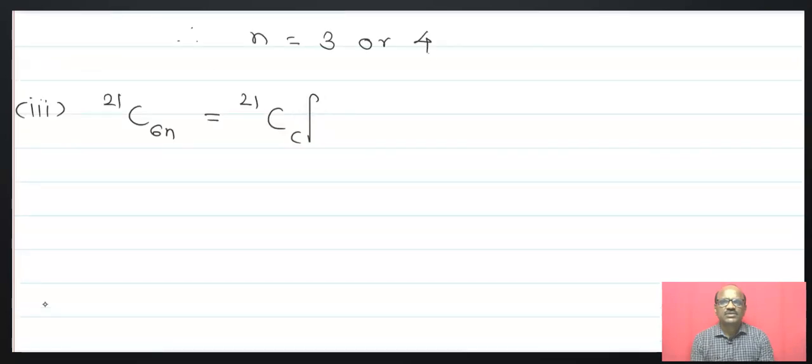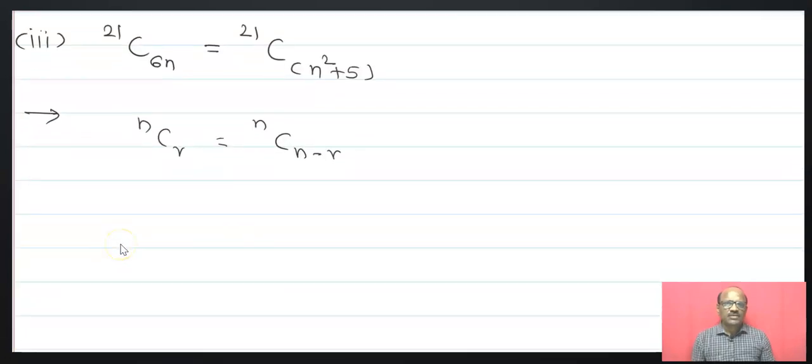Third, 21C6n is equals to 21C(n square plus 5).